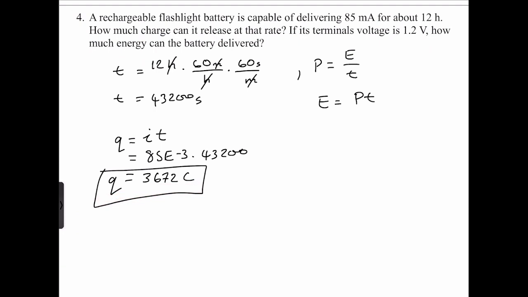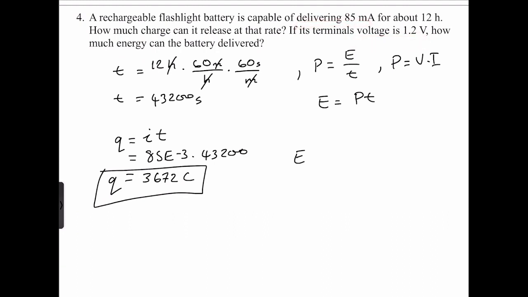Then we go over to the energy. We don't have power, but we know that power is also equal to V times I. We have the terminal voltage of the battery, and we have the current the battery can deliver.